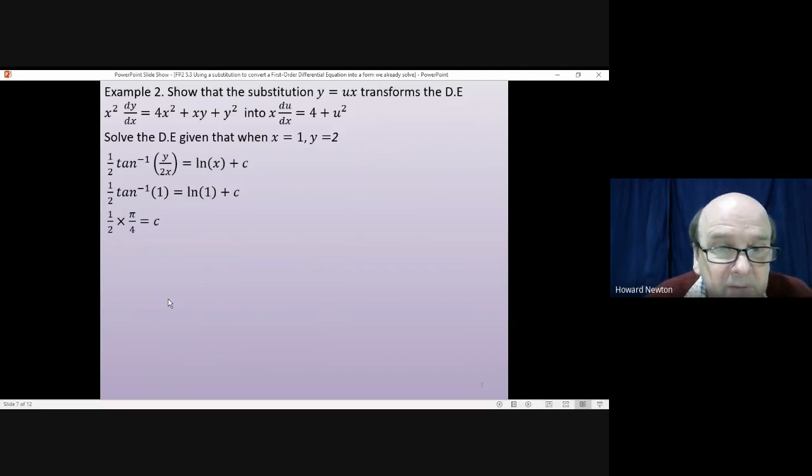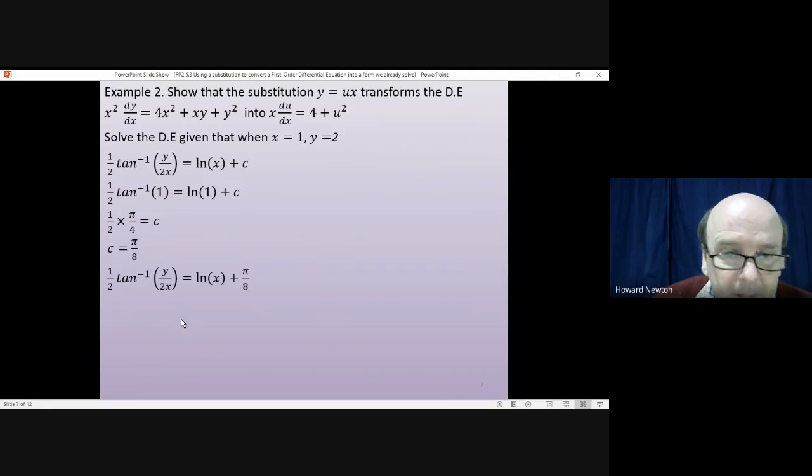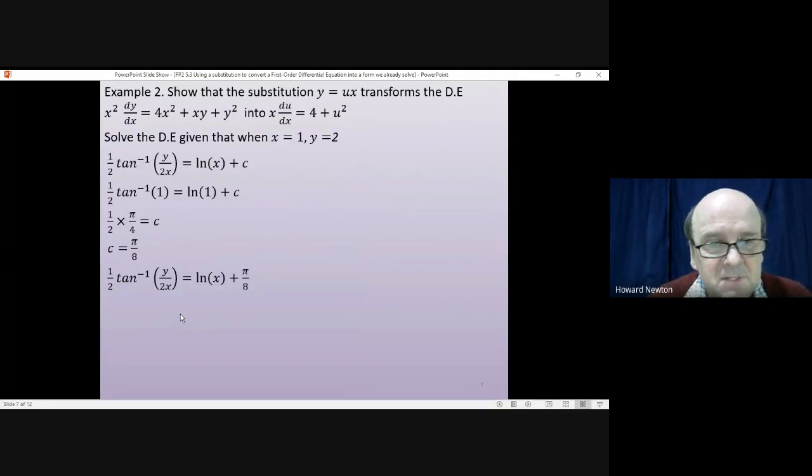And the inverse tangent of 1 is pi by 4 radians. The log of 1 is 0. So that gives us c is equal to pi by 8, which we can substitute back into here to give us a half times the inverse tangent of y over 2x is equal to log x plus pi by 8.